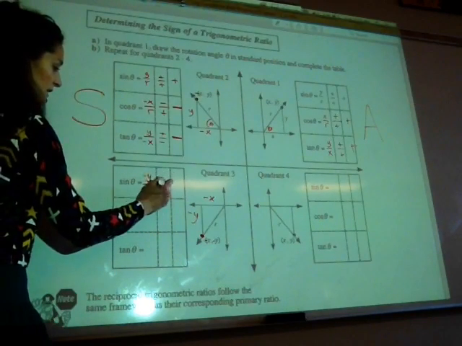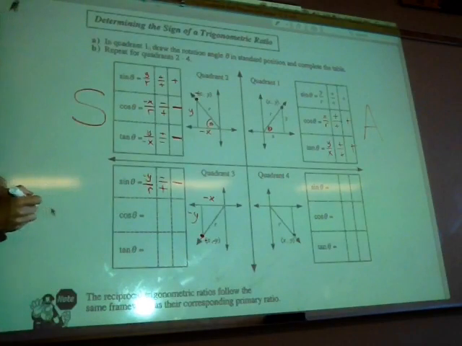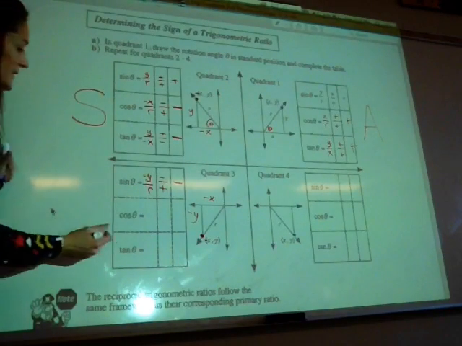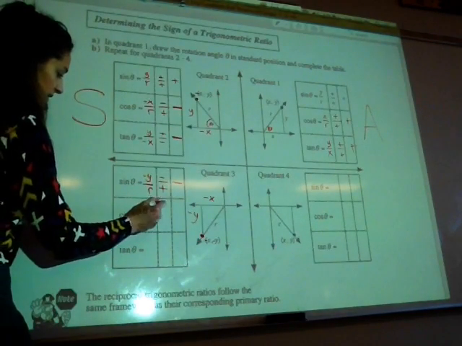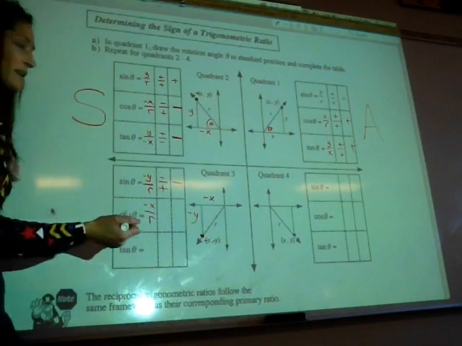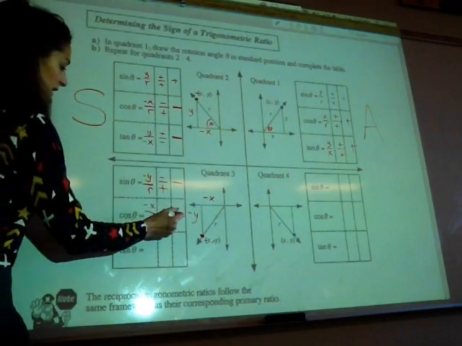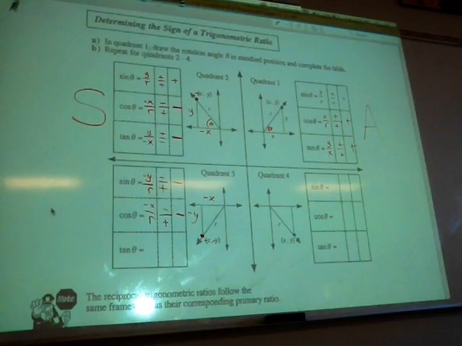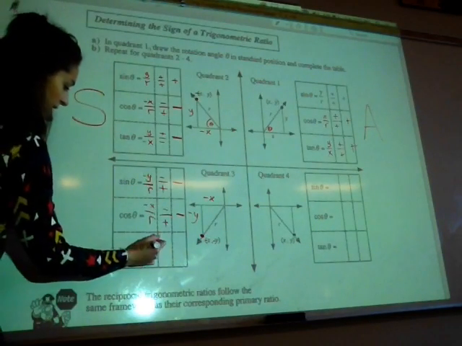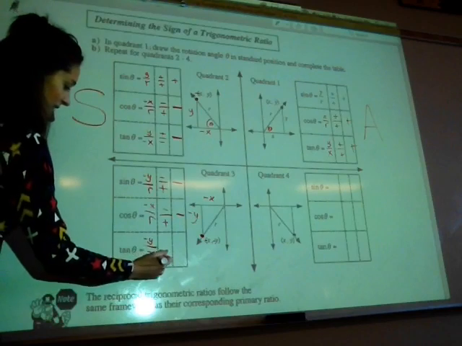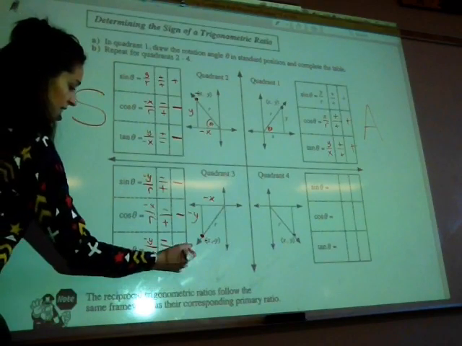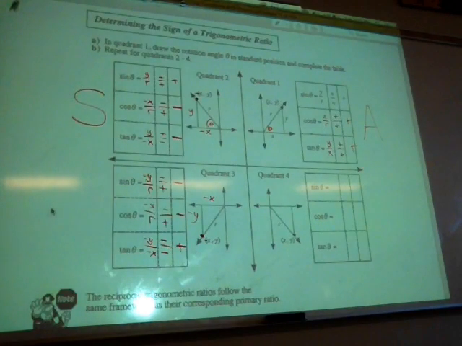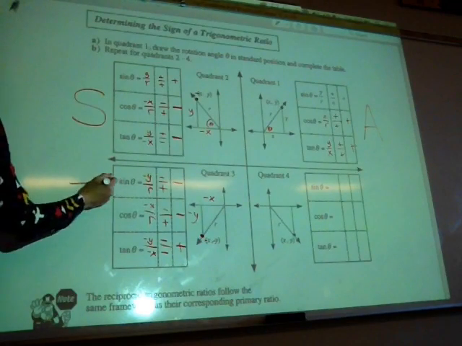So negative over positive gives us negative. Cosine, adjacent over hypotenuse, negative x over r. Negative over positive gives us a negative. And lastly, tangent is opposite, so negative y over adjacent, negative x. Negative divided by negative gives us a positive. The only positive trig ratio in quadrant 3 will be tan.